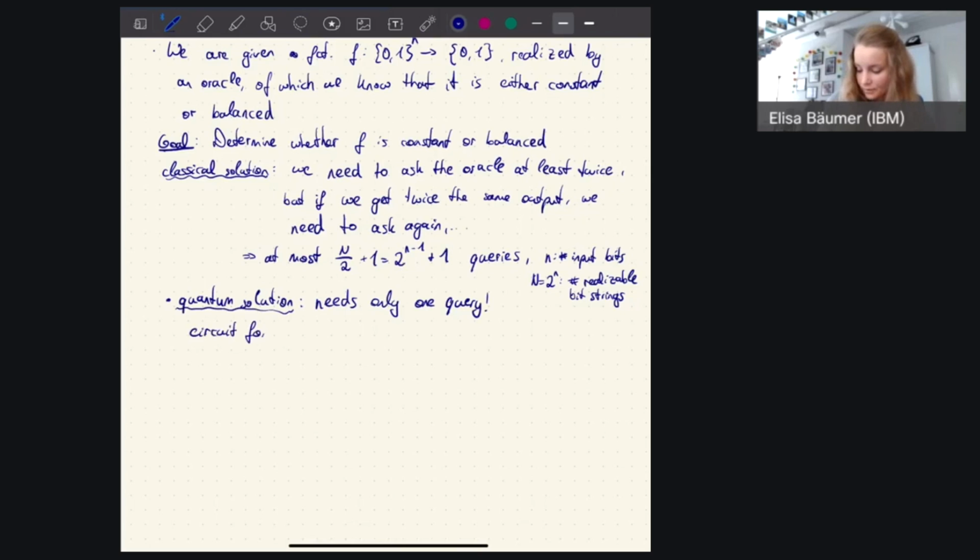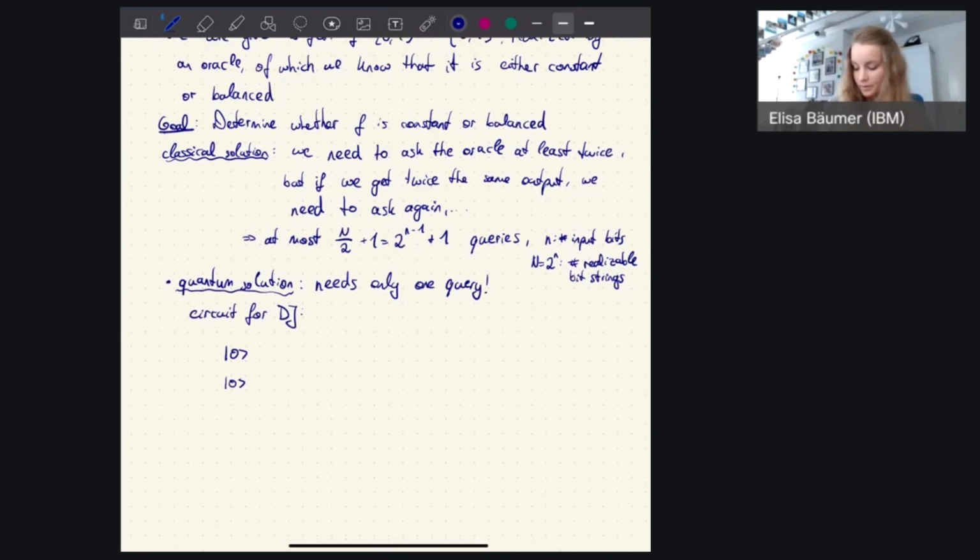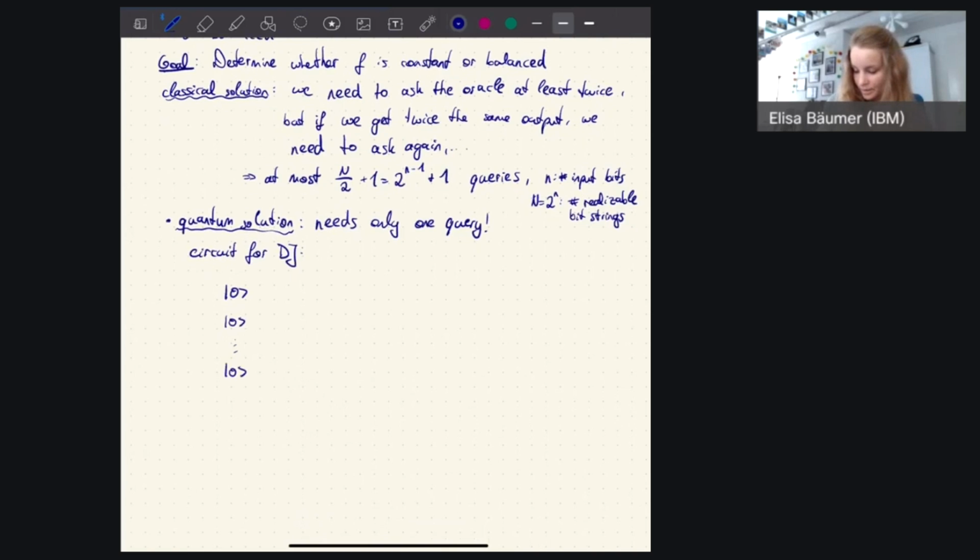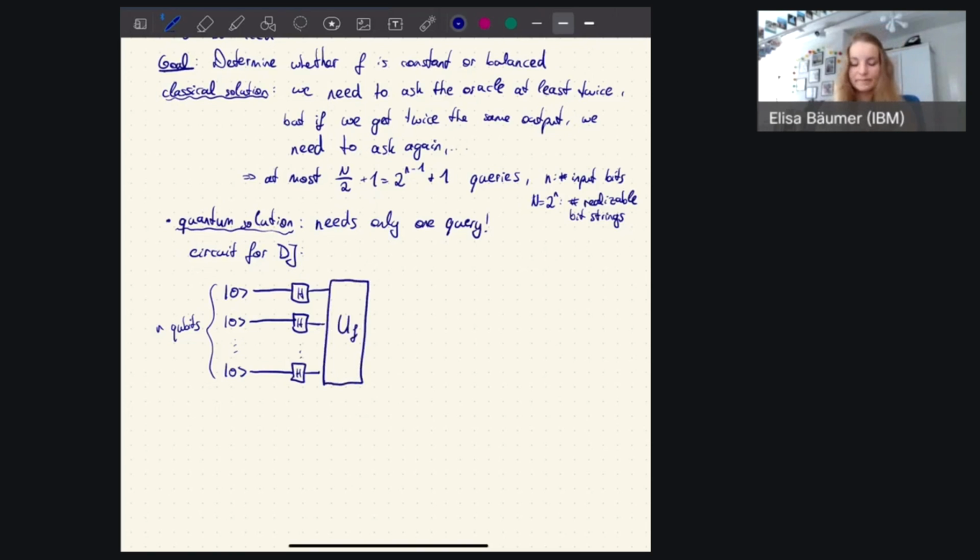So the circuit for the Deutsch algorithm is the following. We start in state 0 on in total n different qubits. We apply a Hadamard gate to each of them. Then we apply a unitary U_f that implements our oracle function, the phase oracle.